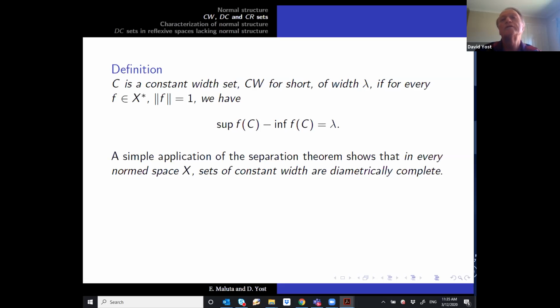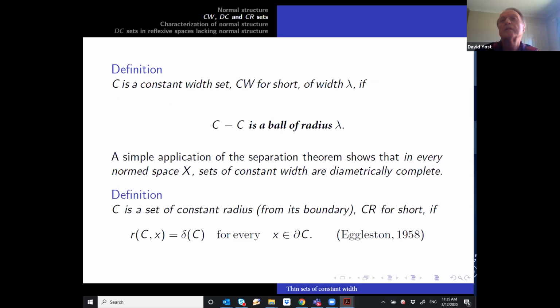And you call that the width of the set. An equivalent way of saying that is that the difference set is a ball of radius lambda. Now, it's an easy application of the separation theorem that every set of constant width is diametrally complete. And it's an interesting question whether the converse is true. And in the Euclidean spaces, they always are.